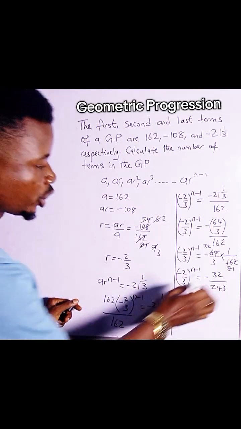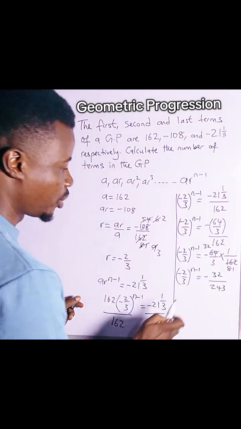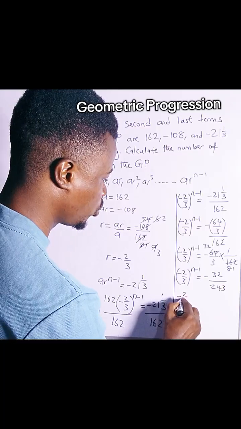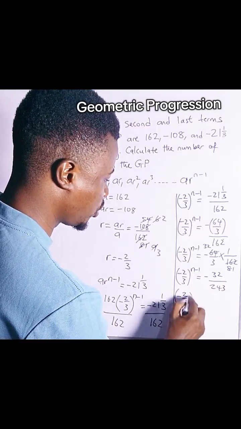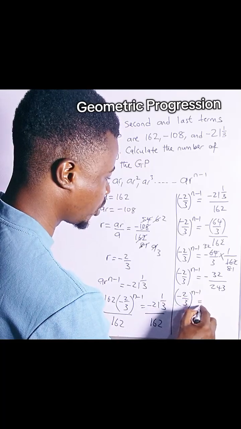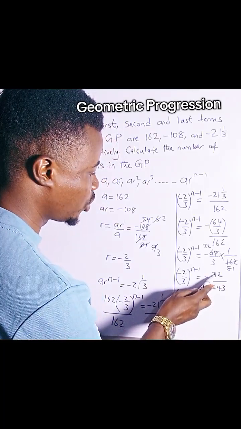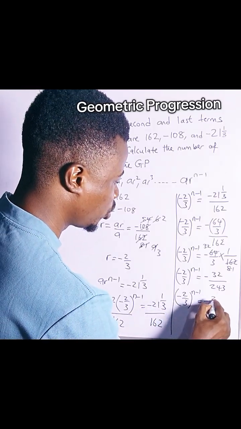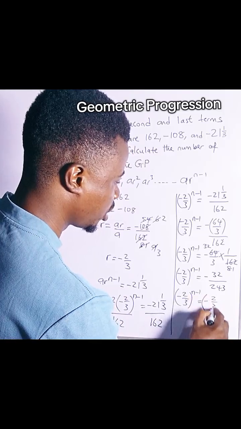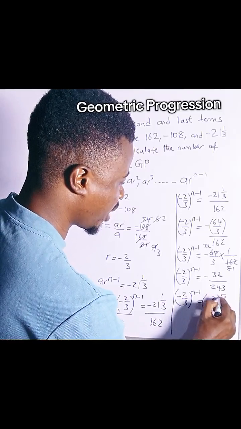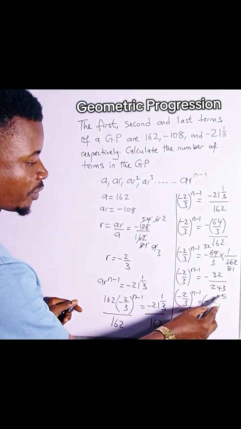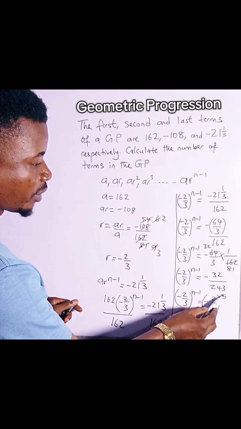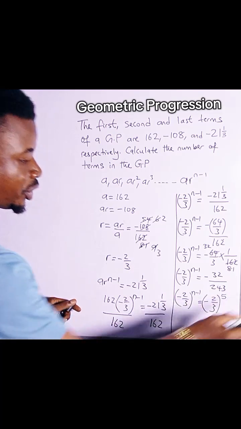Just see this. So how do we reduce this to this term? You can see that minus 2 over 3 to the n minus 1 is equal to minus 32 over 243. I can write this as minus 2 over 3 raised to power 5, because 2 raised to power 5 gives me 32, and 3 raised to power 5 gives me 243.